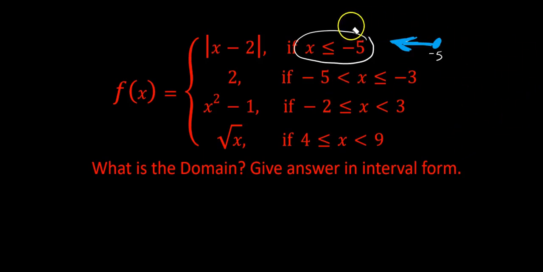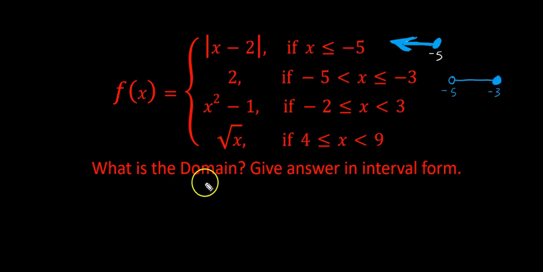Now, what about this next part? X is between -5 and -3 inclusive. So what would that look like on the number line? Well, I would start at, and not include, -5, but then I would want everything up to and including -3. So that's going to be filled in.